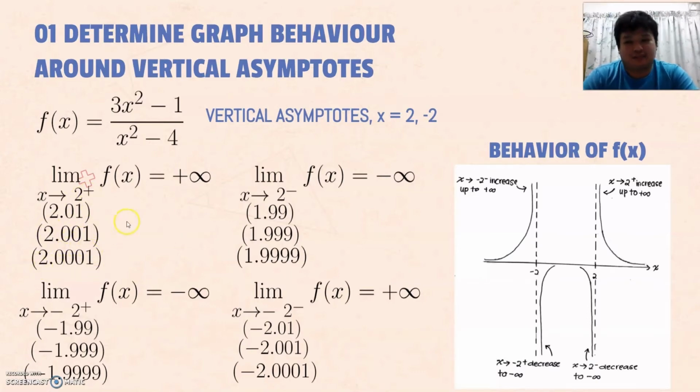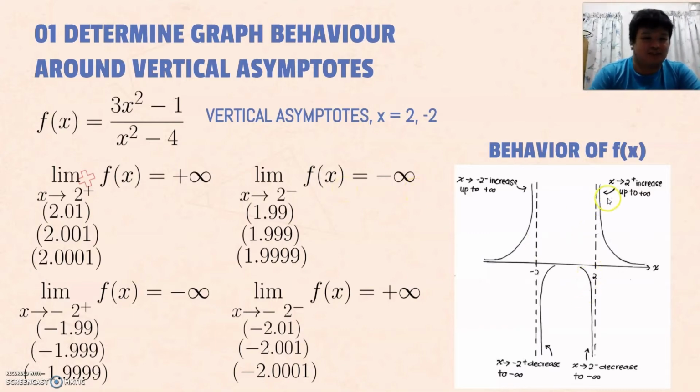After we substitute all the values into x, we will find out that the value is almost near +infinity. Next, we also use the limit as x approaches +2, but this time from the left hand side, which is 1.99, 1.999, and 1.9999, and so on. Then we will find out that the value is almost near -infinity.